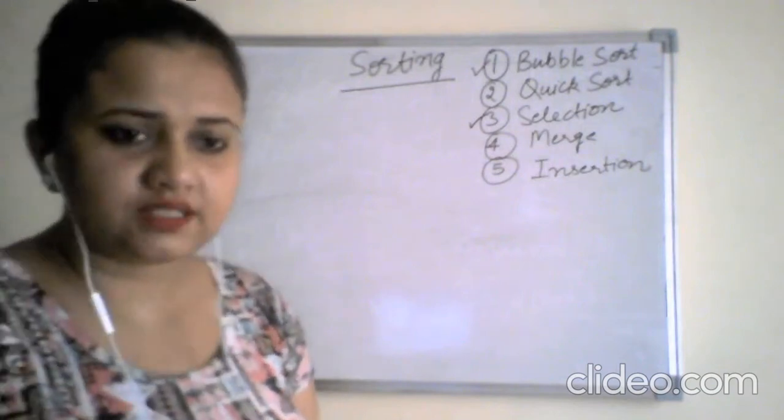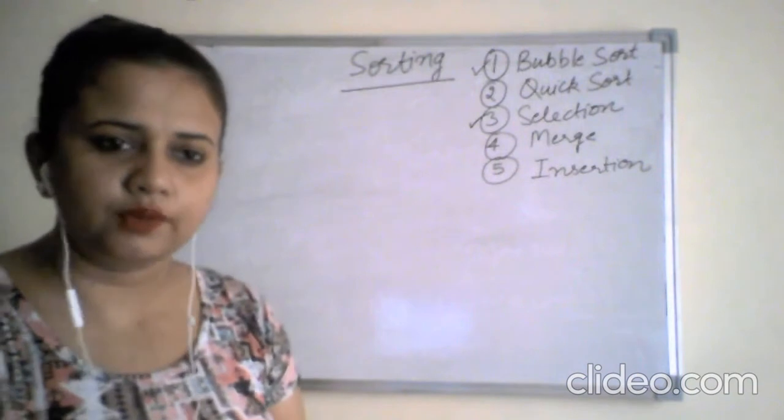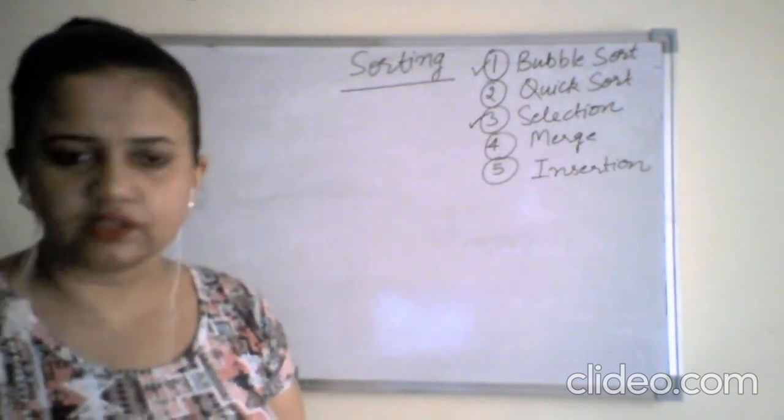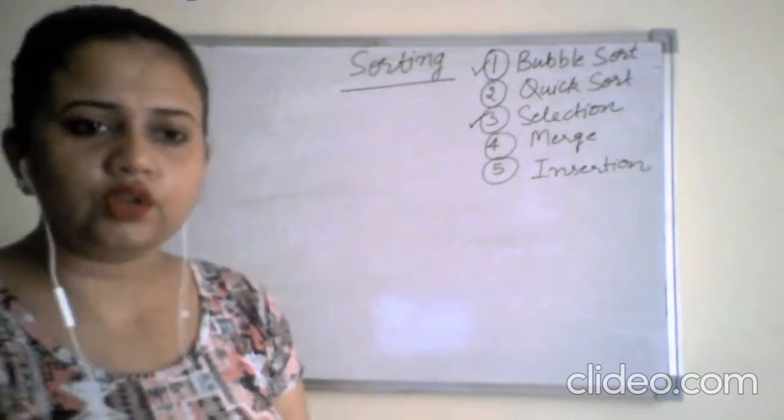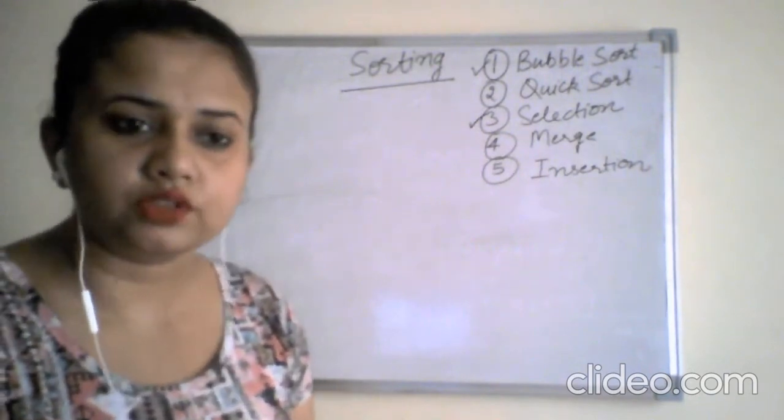So the concept of pass is used in almost all types of sorting techniques available to me. That is kind of common. And I have given you the questions also. I hope you have already done those questions from sorting.